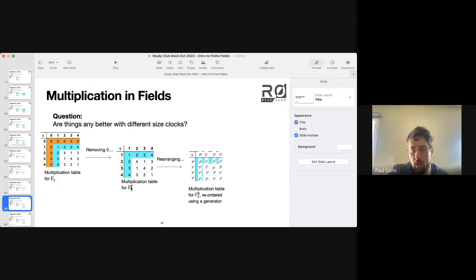And then this last one is a multiplication table for the multiplicative group of the field of order 5, reordered using a generator. So I'll pause if there are any more questions about the notation or about the term generator.